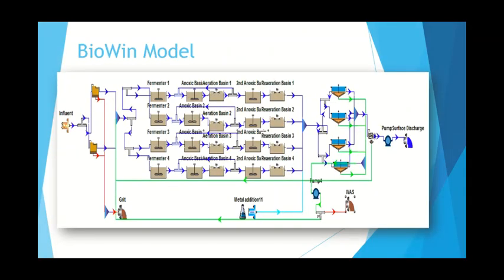This is the BioWin model we created in order to model the process and observe the effects of different variables on the process effluent, power consumption, and its ability to handle the range of loads that can be presented to this plant. The process starts with the influent going into grit tanks, then the 5-stage biological nutrient removal portion. Alum is added to reduce phosphate before the clarifiers.